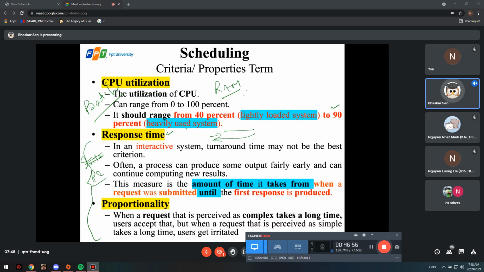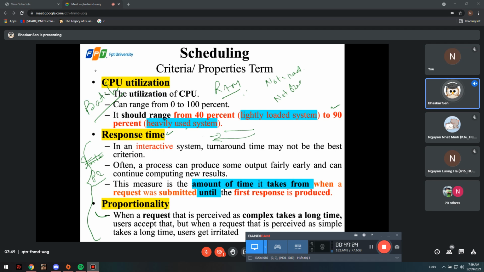And proportionality is simple. Think about two applications, say Notepad, which all of us have, and on the other hand NetBeans.